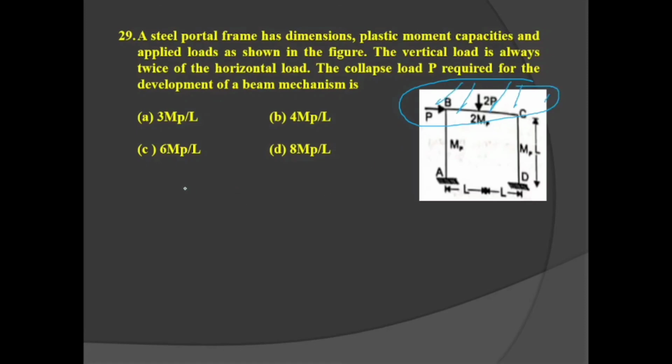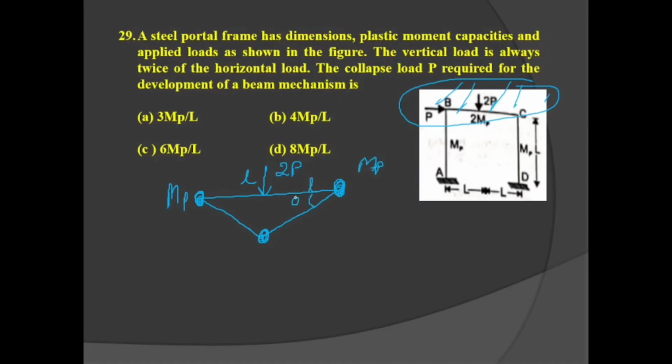Now let's make the beam mechanism. Here the plastic hinge will be developed, and horizontal load will not do any work. Here the plastic hinge will be developed. So this is our 2P value, this is L, this is L, this is MP, this is MP.